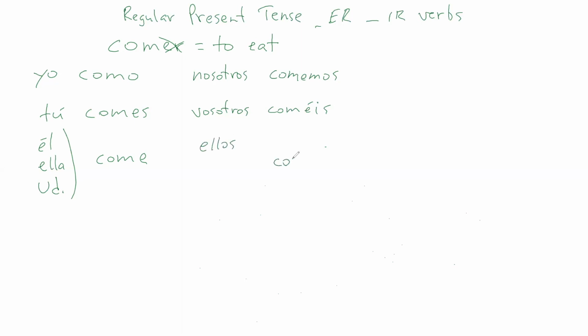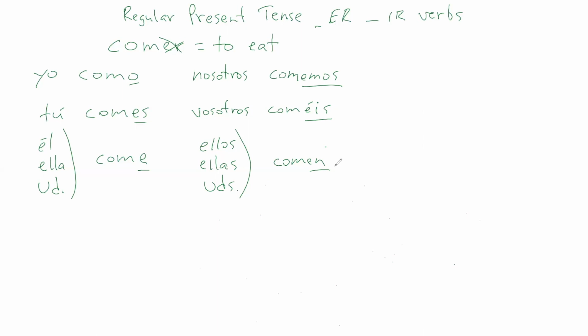Ellos comen. Ellas comen. Ustedes comen. So our endings are O, ES, E, EMOS, E with an accent, IS, EN. So these are the endings for regular ER verbs, right?